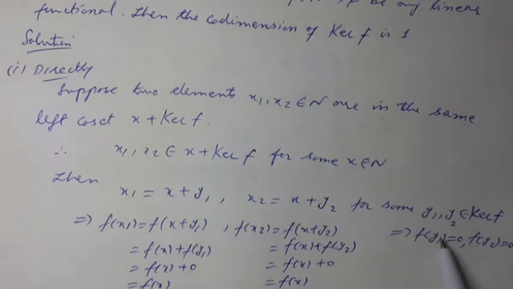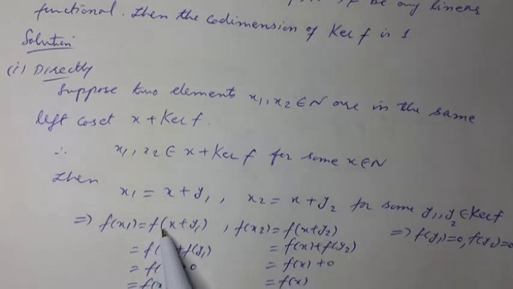That is, f of y1 is equal to 0 and f of y2 is equal to 0. It can be written as f of x1 is equal to f of x plus y1 and f of x2 is equal to f of x plus y2.